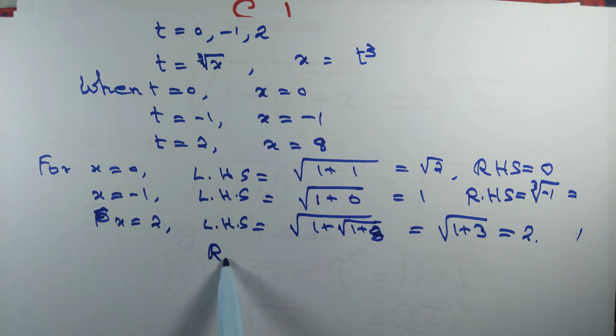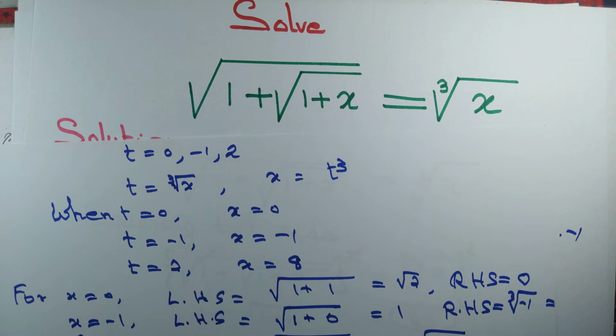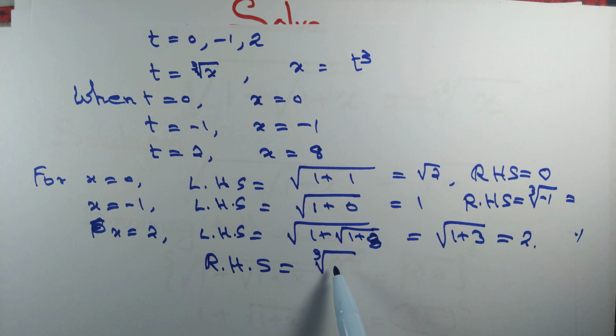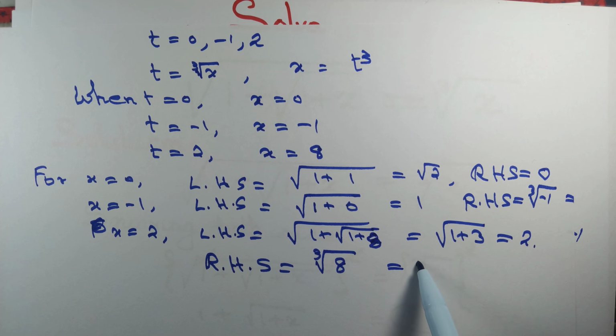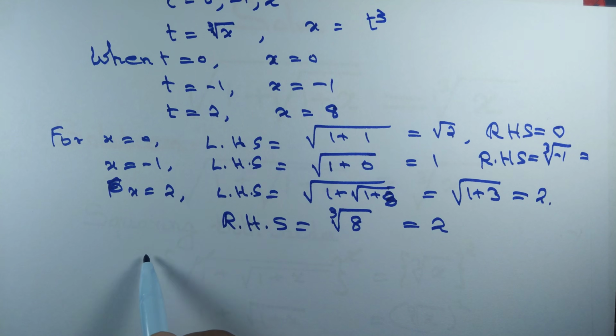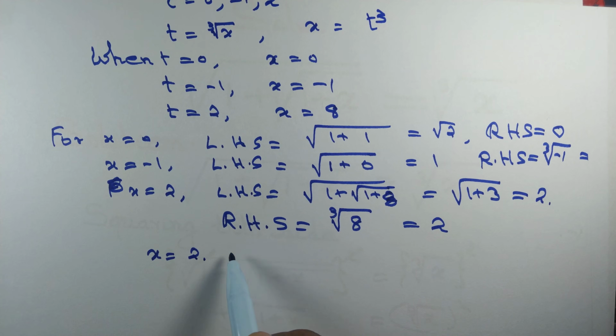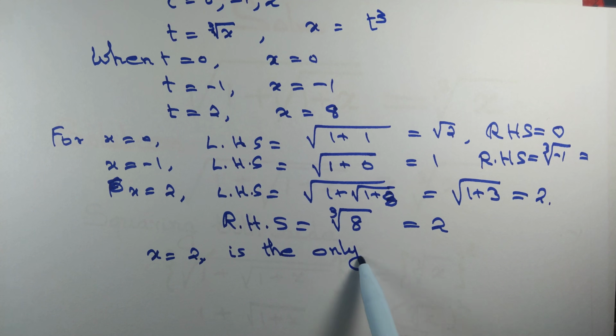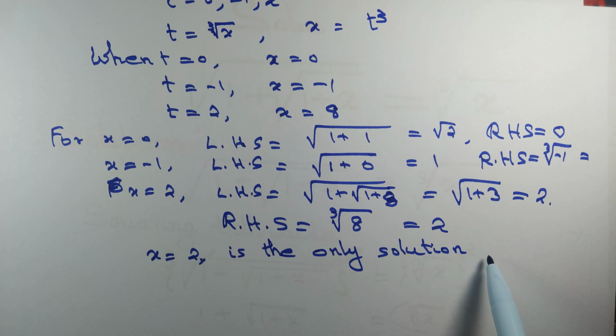What about RHS? RHS equal to cube root of x, x is 8 and that's 2. Well done, we have found a solution and the equation is having only one solution, the only solution of the given equation.